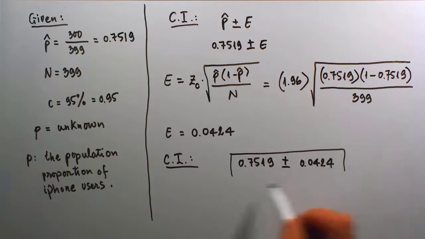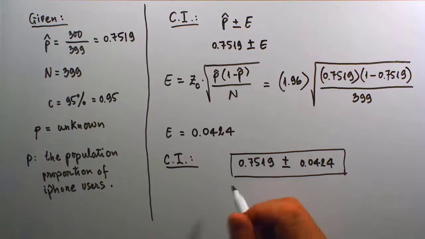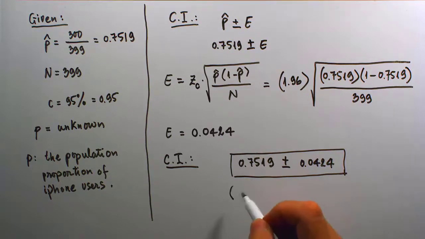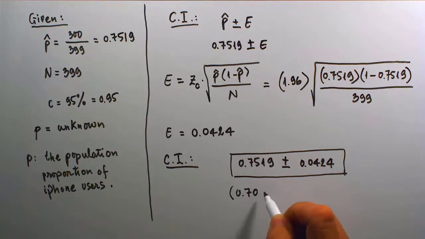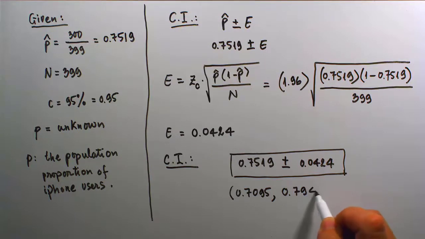So that's our answer. And this answer, in traditional format, shows the low end to be 0.095. That's the low end. And this traditional format shows the high end of the interval is 0.7943.